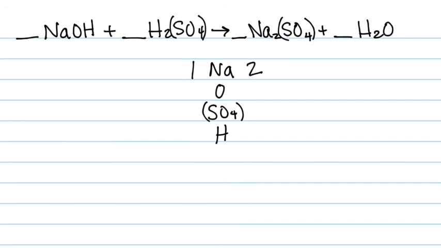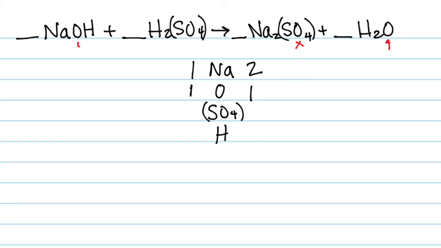Oxygen, on the left, and I'm going to show you where I'm getting these numbers. I see 1 oxygen here, but this sulfate oxygen is taken care of in sulfate, so I do not add it. So oxygen, there is going to be 1 oxygen on the left. On the right, again, I'm not going to count those oxygens because they're in sulfate, but I will count this oxygen, which there is 1.